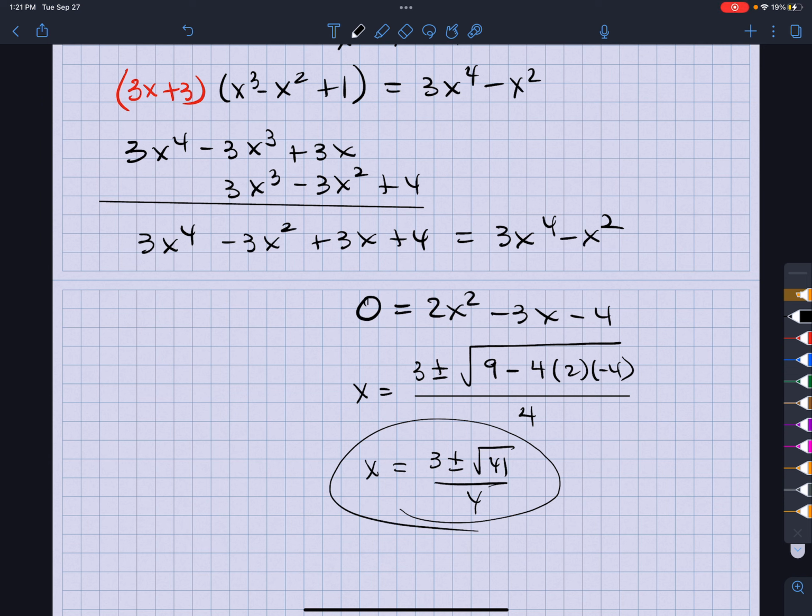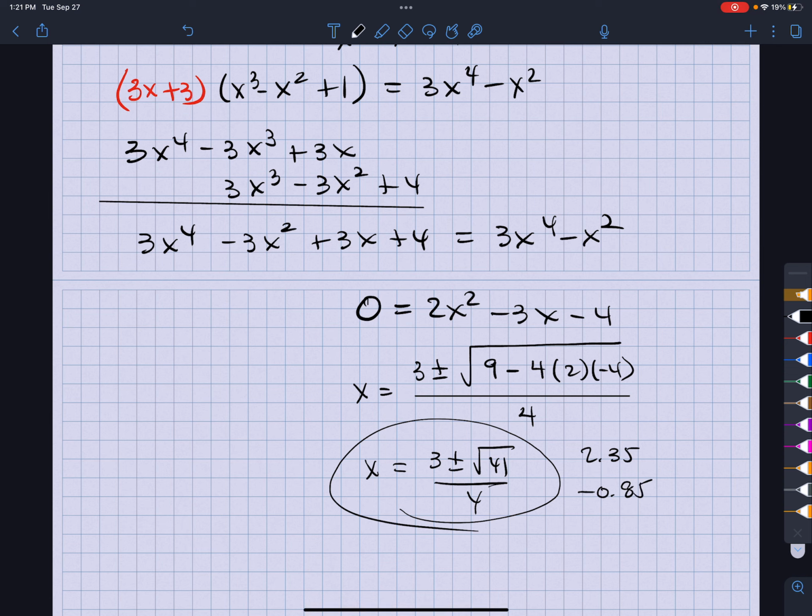So if I was to plug that in, 3 plus the square root of 41 over 4, that's going to be about 2.35, and then if I subtract it, it's going to be negative 0.85.